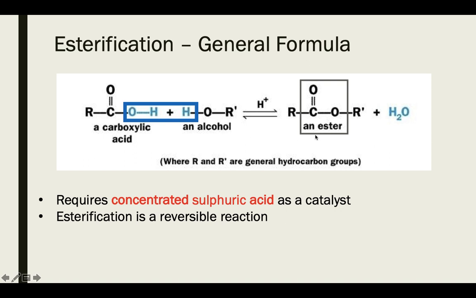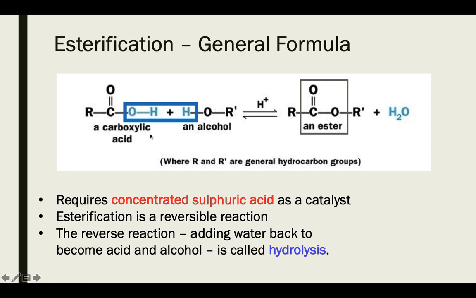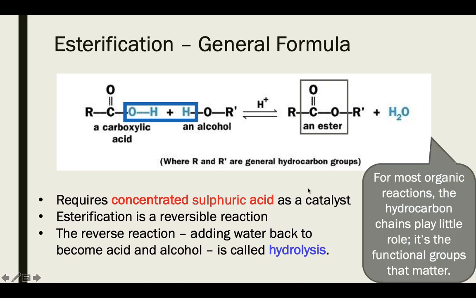That means the product, the ester, can react with water again, and water can be added back to make a carboxylic acid and an alcohol. This process, adding water back, is called hydrolysis. So in this general formula, you should notice that for most organic reactions, we don't really care about the hydrocarbon chains, so that's why we shorthand it into R. It is the functional groups that matter in this reaction.